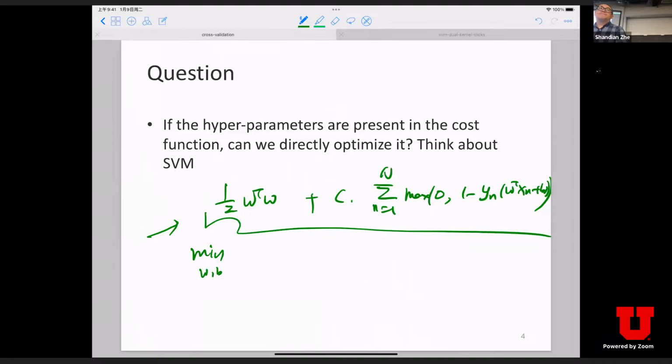Any thought? Okay, suppose we do that. Suppose we're trying to optimize W, B, and C. What will happen? What's the optimal value of C you will get?